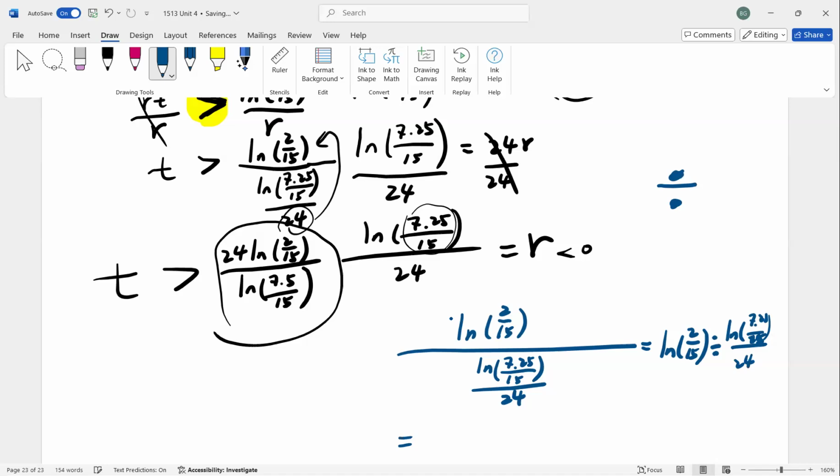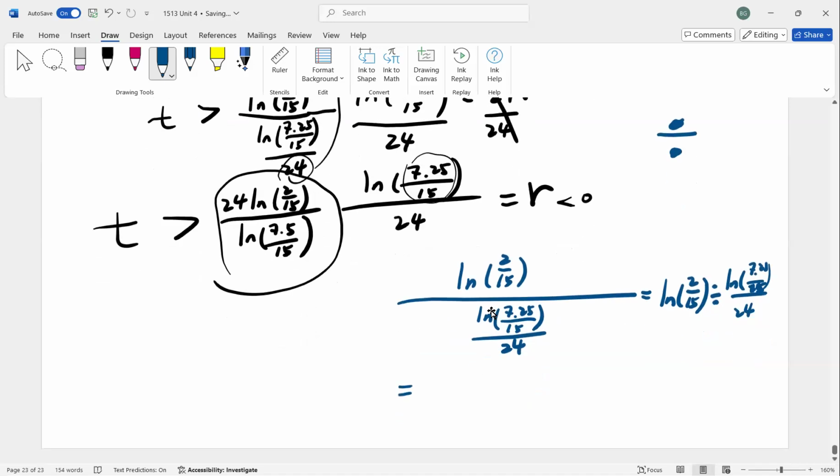Then keep the first fraction, change division to multiplication, and flip the numerator and denominator of the second fraction. So 24 on the top now and ln 7.25 over 15 on the bottom. That's how we have 24 times ln 2/15 all over ln 7.25 over 15.